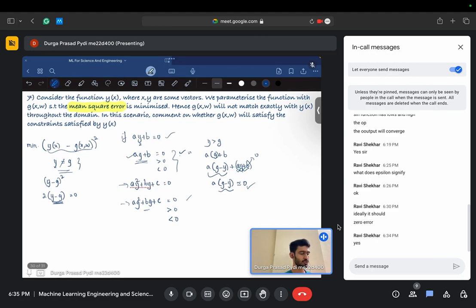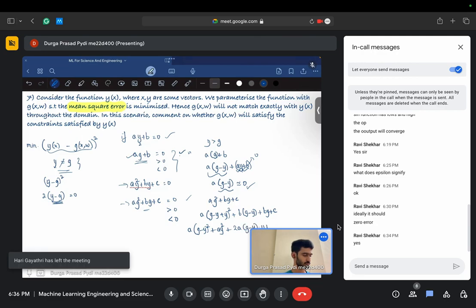If we just do the same process for the second case, you have a g square plus b g plus c. If I write it in the same way, I just group the terms together.